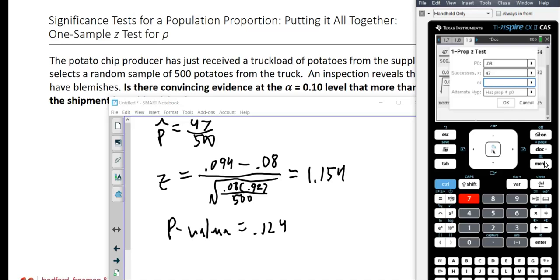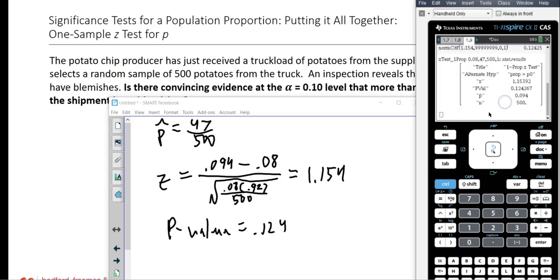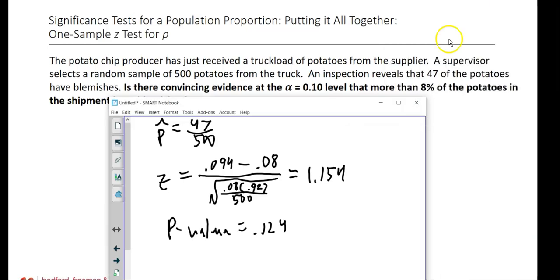And then the alternate was greater than, I believe, that first choice. And it gives us 1.154, and the p-value is 0.124. Everything's the same there. So it really does work. If you do that, make sure to say the p-value and the z-value. They want to see both of those numbers for sure. I like p-hat on there as well, but those two are the two you have to have on there.